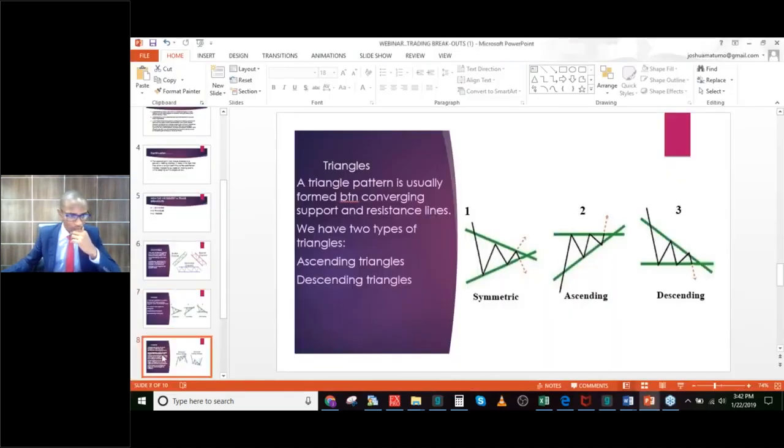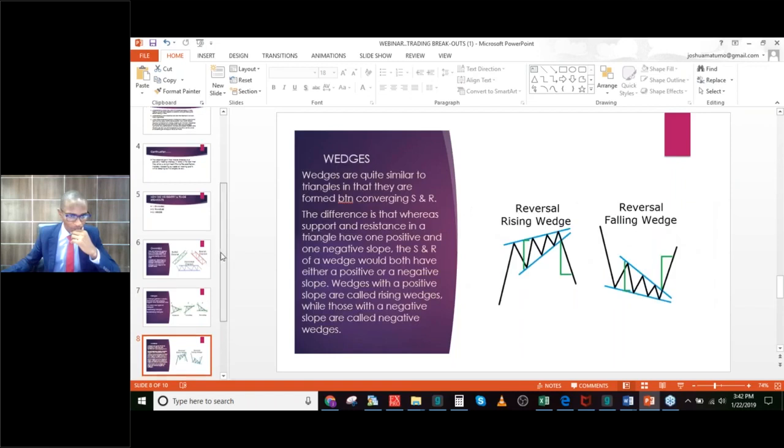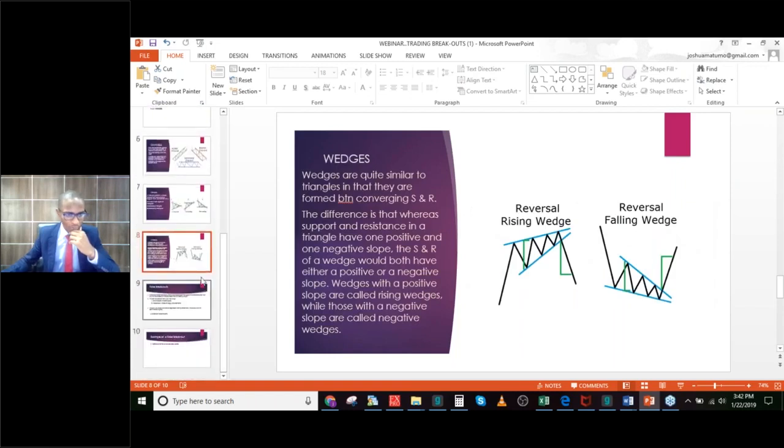next to the next price action patterns we look for to spot opportunities based on trading breakouts. And this is the wedges. Just a simple, quick definition of wedges. Wedges are actually quite similar to triangles in that they are formed between converging support and resistance.